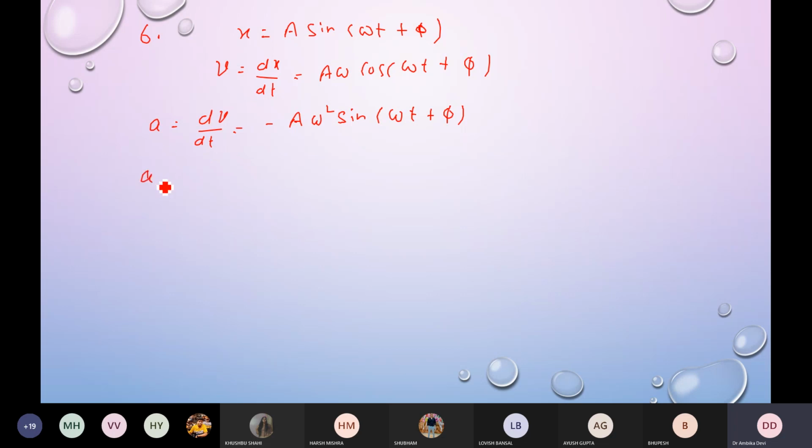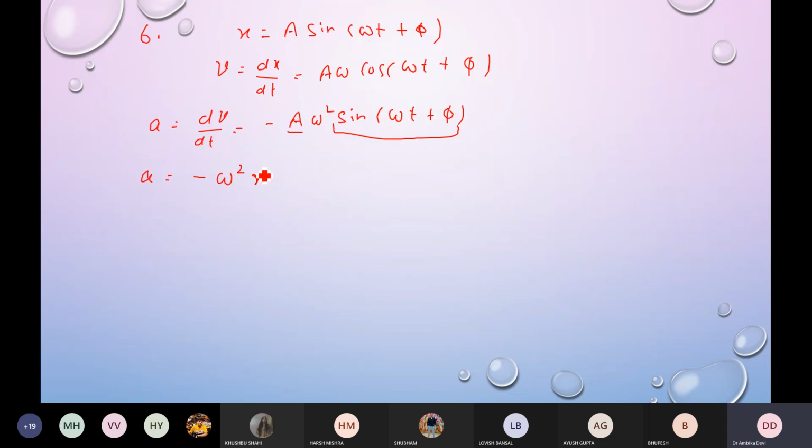Which means a is equal to minus omega square, and this a into this sine is again x, so you can substitute it over here. So this equation gives you the acceleration of the oscillating particle at any displacement x from the mean position.